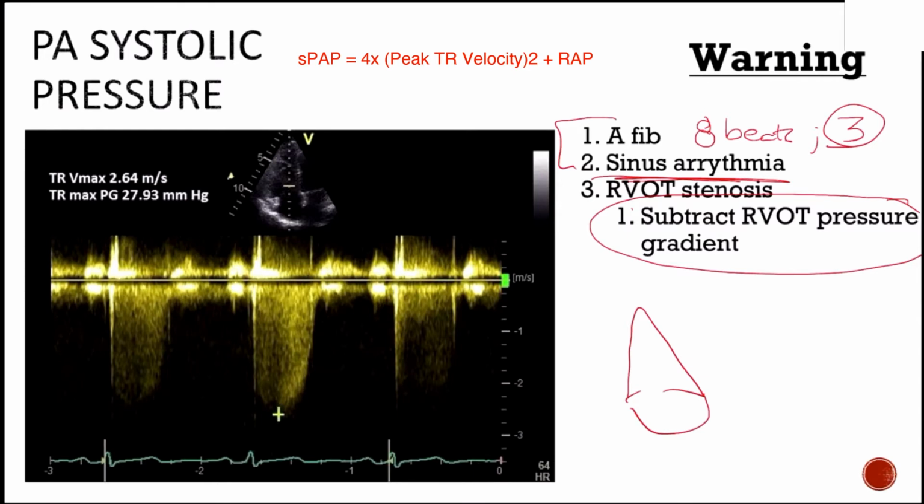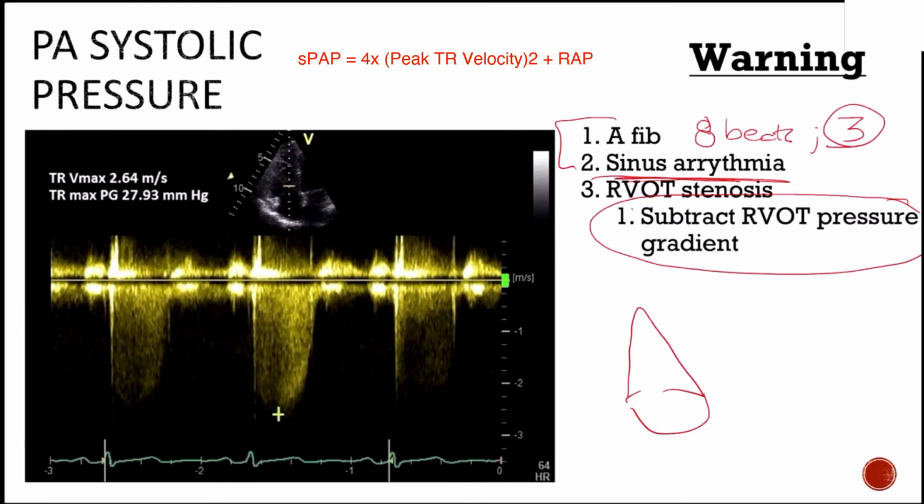And if your stroke volume or the volume within that chamber is lower, then the pressure is also going to be lower, and your tricuspid regurgitant jet is therefore going to be lower. And so with these patients, we need to make sure that we are measuring multiple beats. The textbooks will tell you 8 beats.